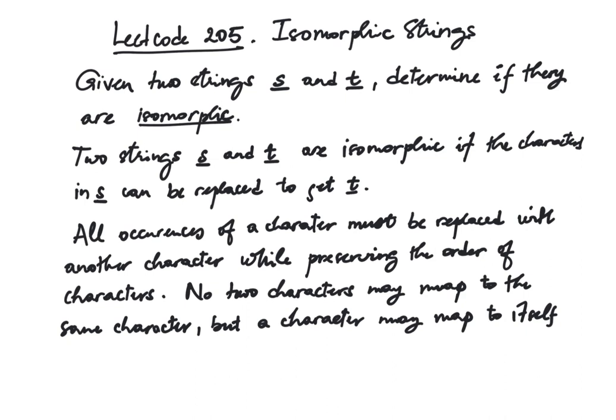And then we can also notice that the problem is mentioning some mapping. So we will definitely need to map character by character while traversing the two strings. So we have a map that is mentioned somewhere here, and also the same character. So we said no two characters may map to the same character.